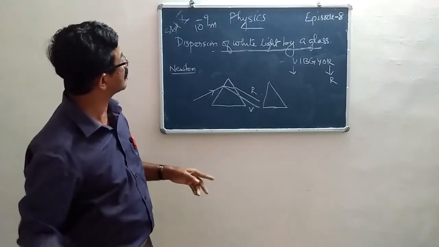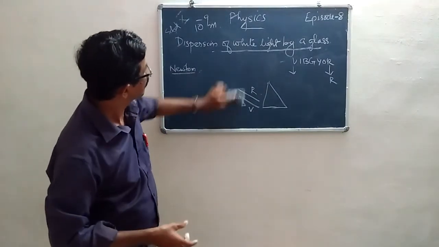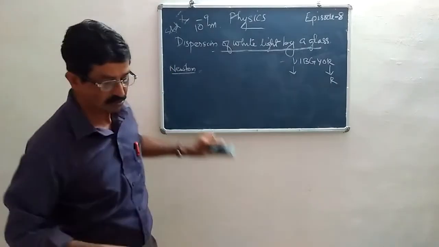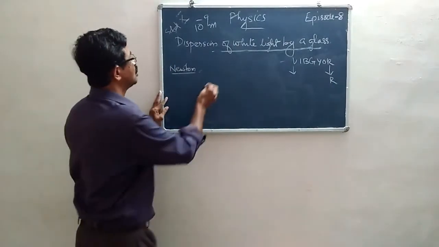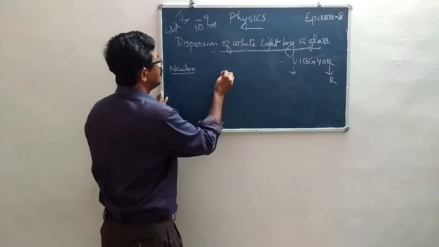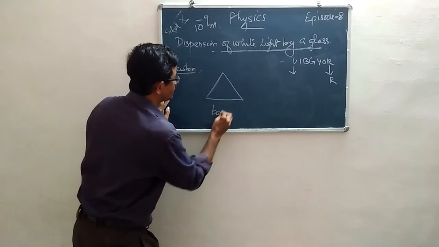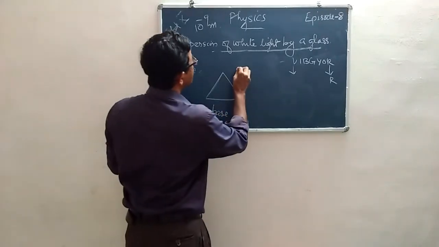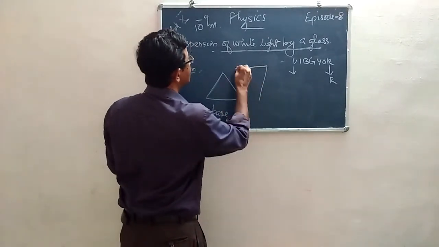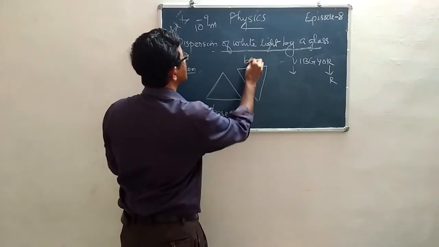Then what he did was arrange two prisms in the opposite direction. The base of the first prism is in this way, and then he arranged the second prism in this manner, with the base here.